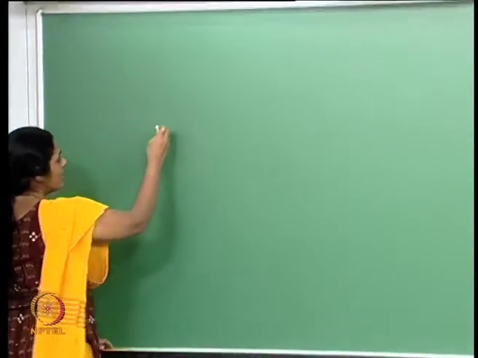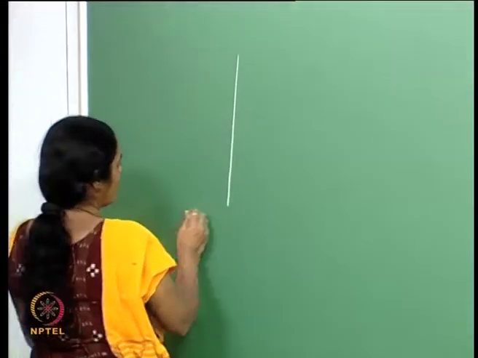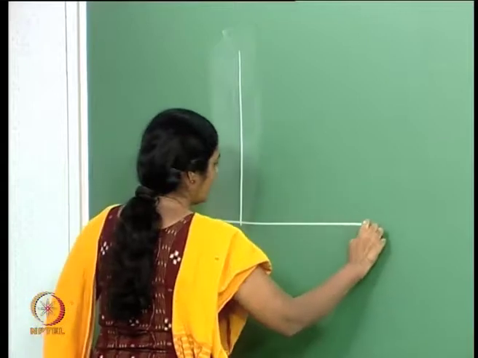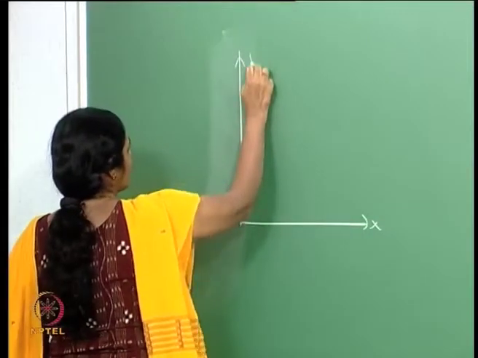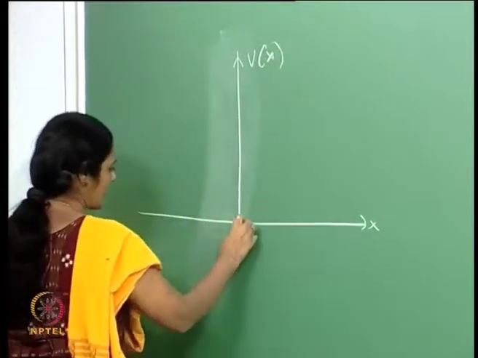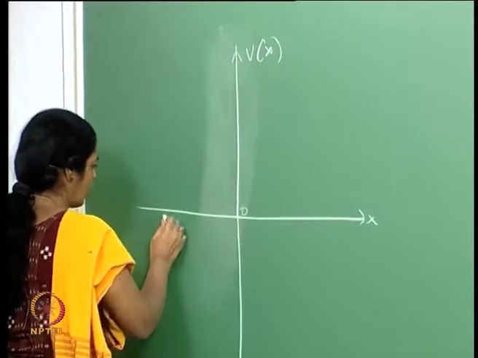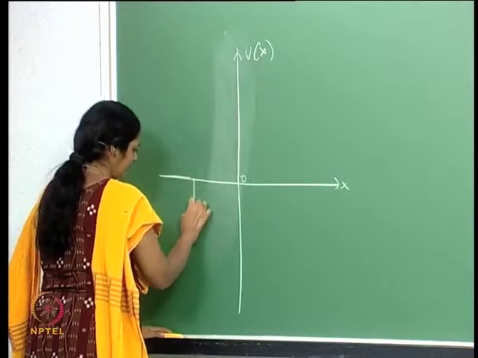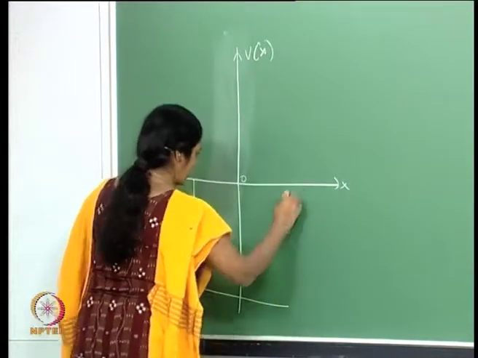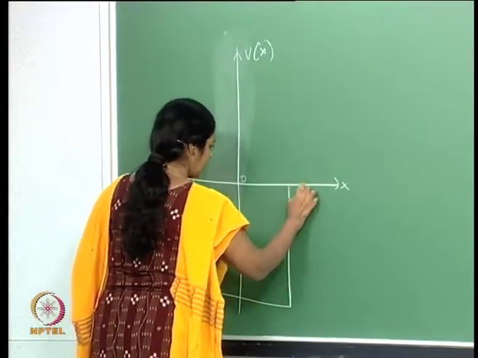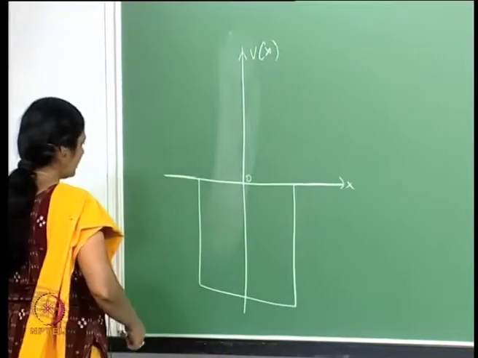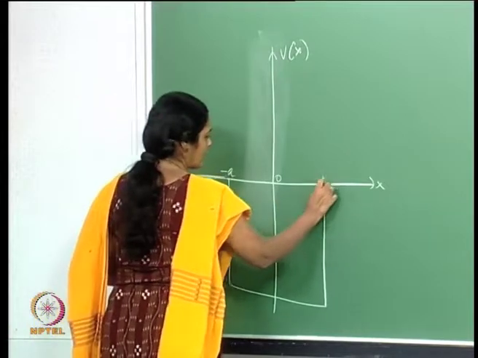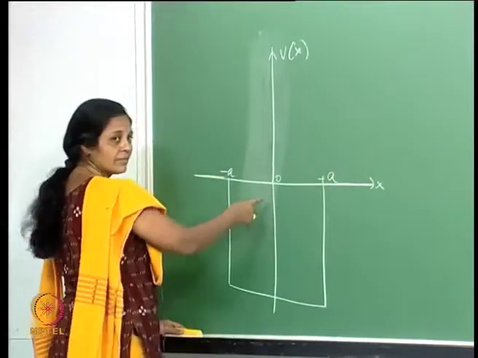So here is a schematic sketch of my one-dimensional potential. So this is V of x versus x, except that this is the origin and my potential is negative in a certain region. It's a square well. This is x equals minus a, and that's x equals plus a.